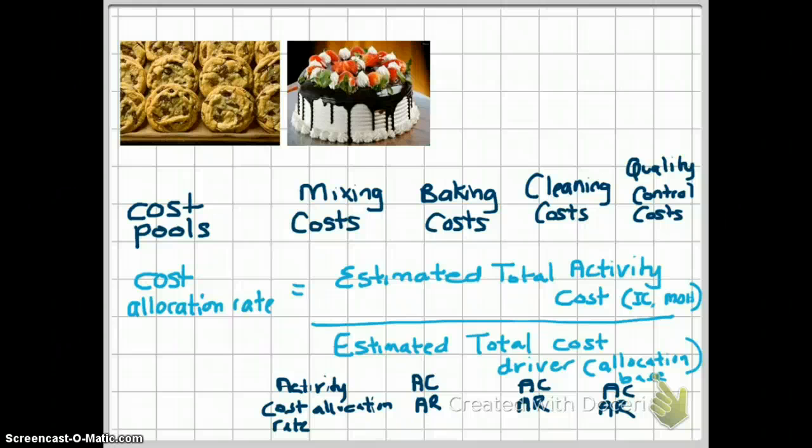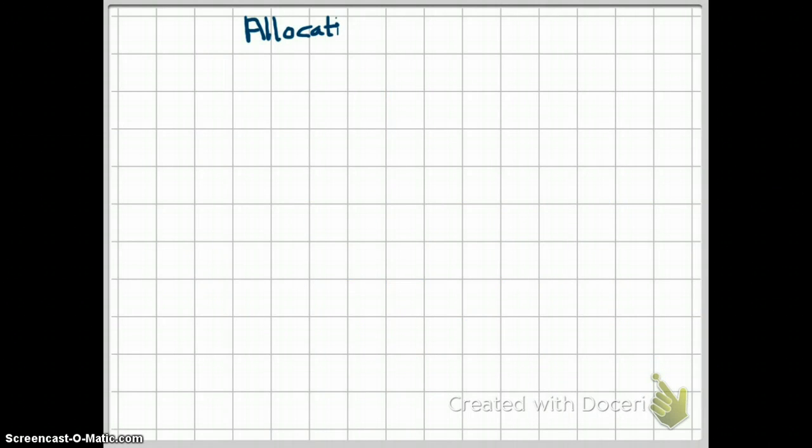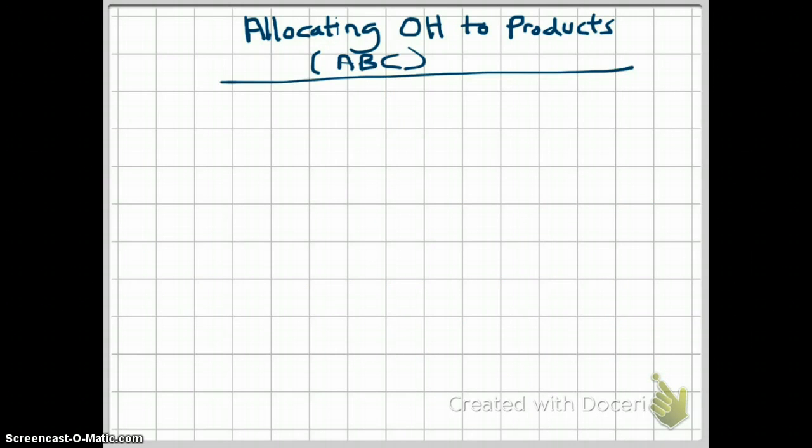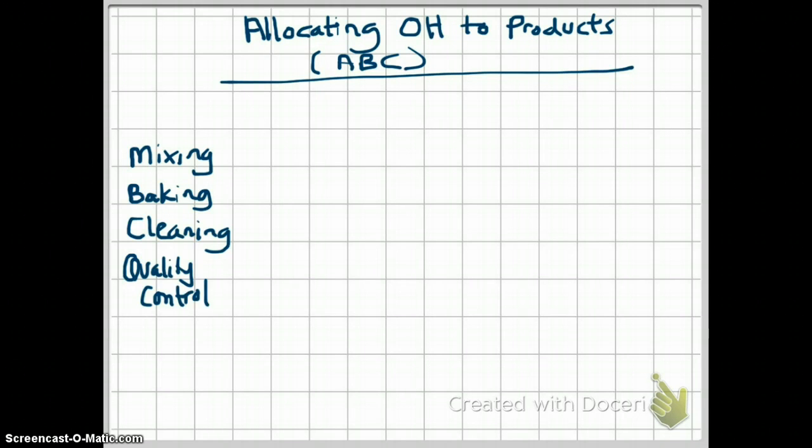Next, let's look at how we would actually allocate indirect cost or overhead to products. Remember, the allocation of overhead to products occurs during the year. We have 4 activities that we have identified, and we've calculated 4 activity allocation rates. How do we allocate it?